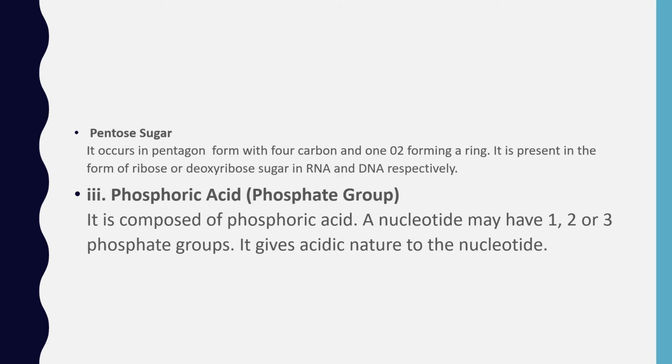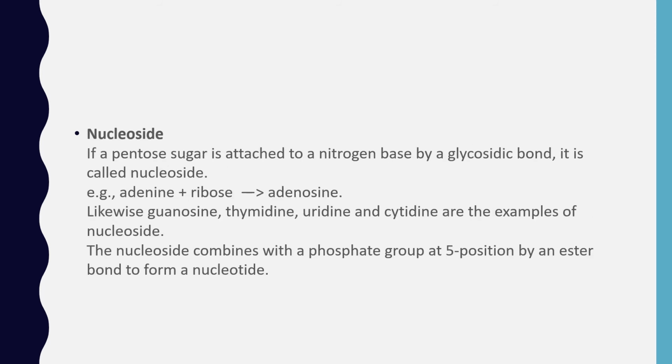And the phosphate group is composed of phosphoric acid. A nucleotide may have 1, 2 or 3 phosphate groups, and it gives acidic nature to the nucleotide.